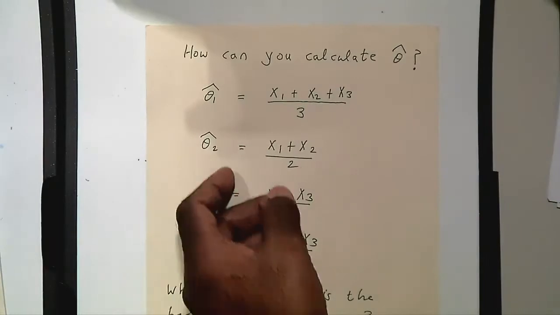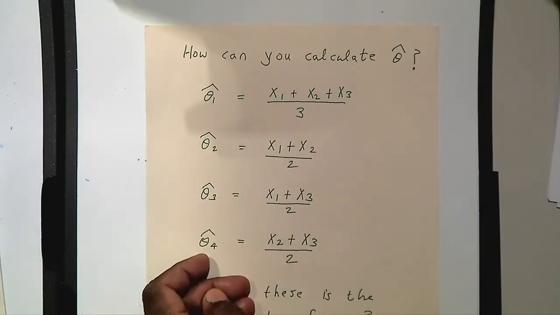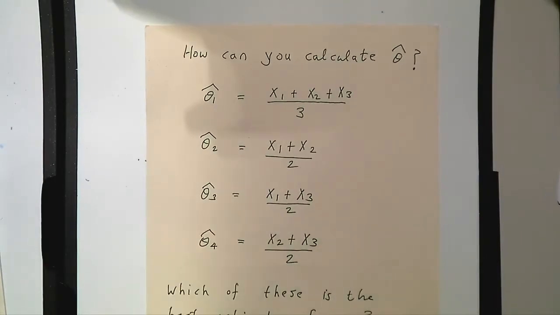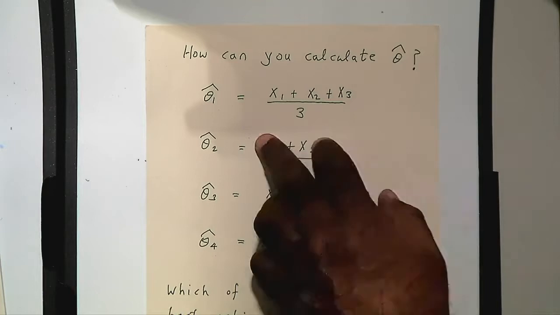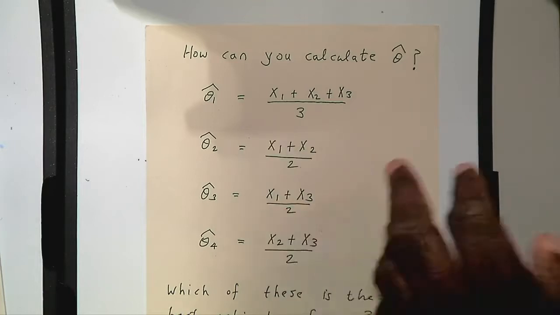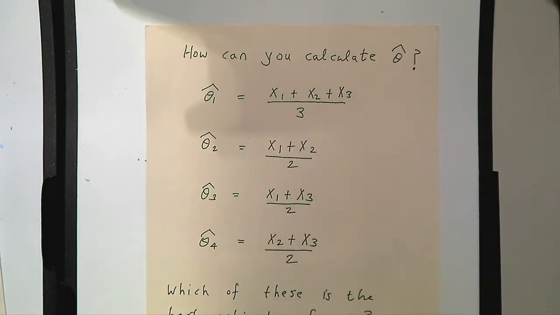You can have a number of estimators for theta, where theta in this case represents the average height of men in the UK. So the question is, which is the best estimator? How do you decide which one is good and which one is not, right?